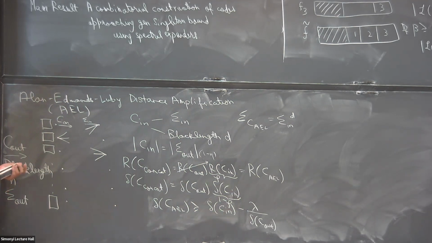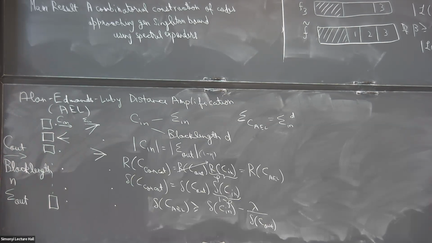And the nice property is that the final code inherits a lot of locality properties from C_out. So for example, if C_out was LDPC, that is, the code can be described by using a bunch of local checks. There are many checks, but each check only involves some constantly many coordinates. Then those kind of properties are also inherited by the final code, but now with the parameters of Reed-Solomon code.